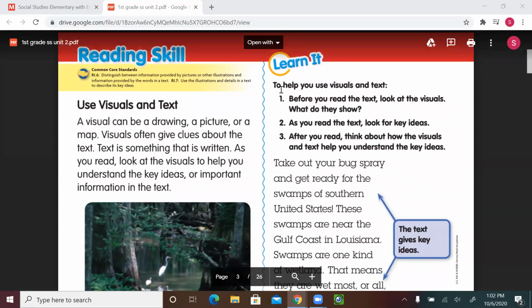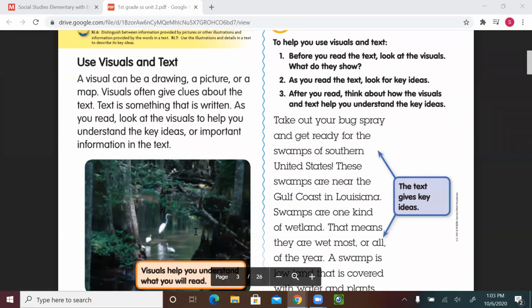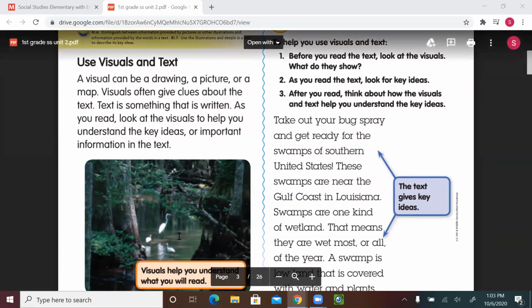All right, learn it. To help you use visuals and text, before you read the text, look at the visuals. What do they show? Over here, we're looking at the picture. As I can see, there are birds, I see water, I see trees. After you read, think about how the visuals and text help you understand the key ideas.